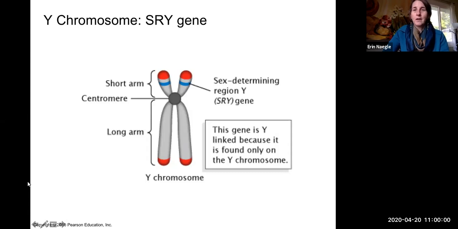And the first one that gets turned on is called the SRY gene, and SR stands for sex determining region, meaning this is the region of the Y chromosome that's going to determine whether the fetus develops into a female or a male. So without a Y chromosome, fetuses by default develop into females. With the SRY gene, when that gets turned on, then that fetus will develop into a male. So this is the game changer, the SRY gene.